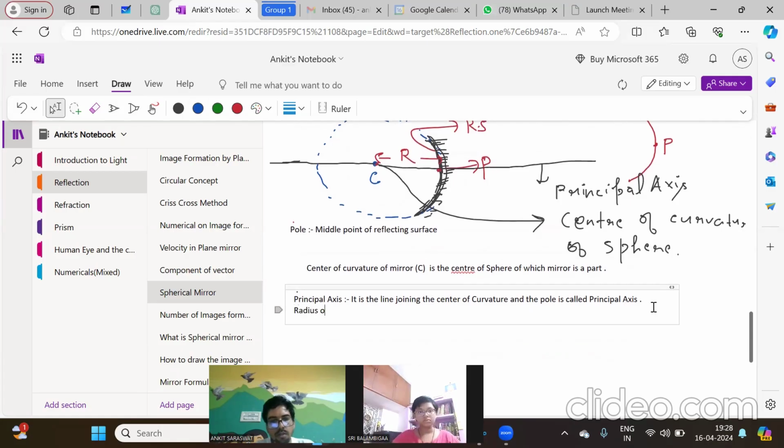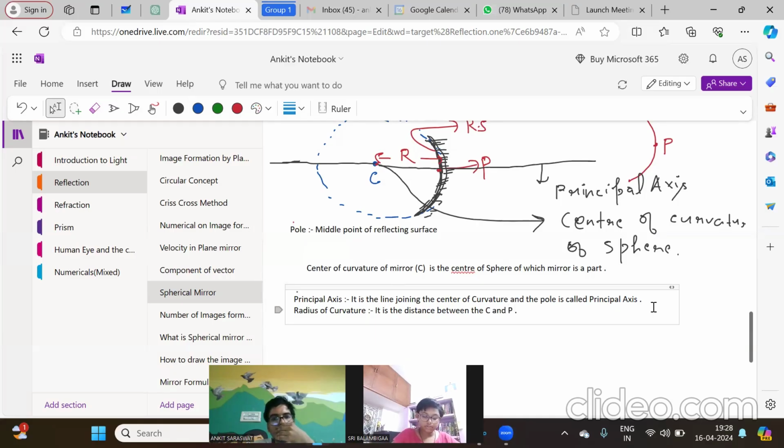Radius of curvature. It is the distance between the center and the pole, between C and P. Clear?